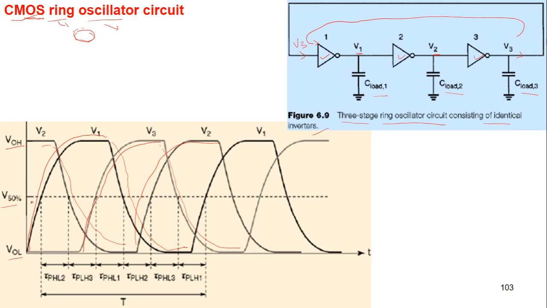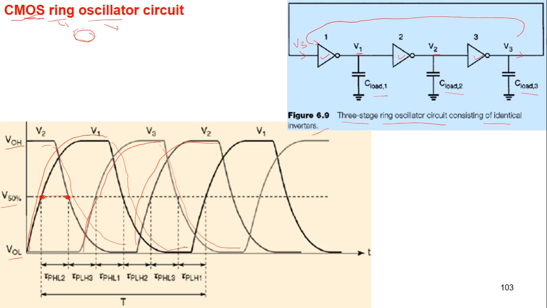Okay, and remember, we can also calculate the value of the delay. So this is the delay between this point and this point. This is for V2, which is the output of inverter 2, and this is for V1, which is the input of inverter 2.